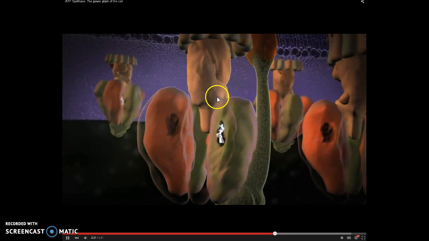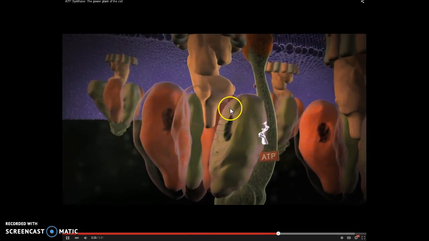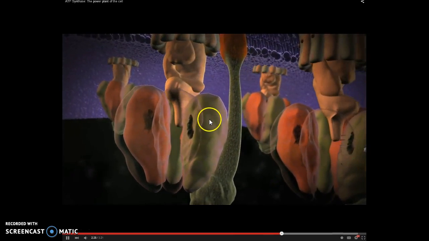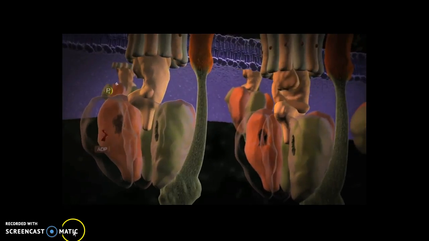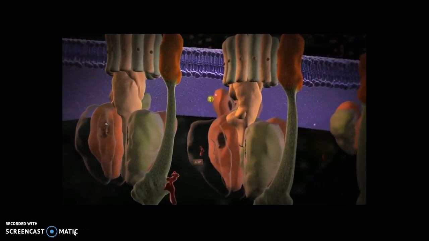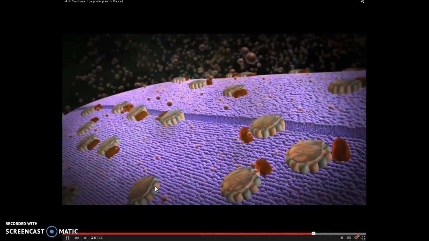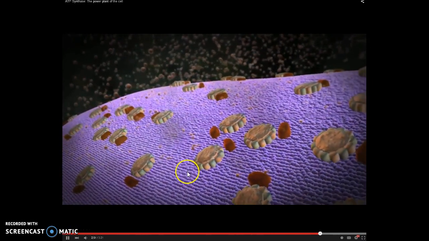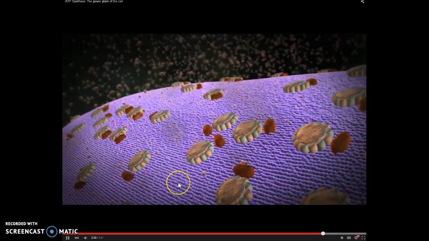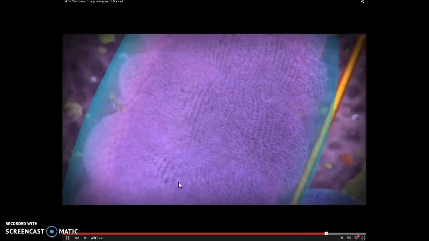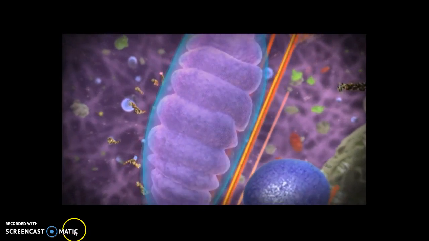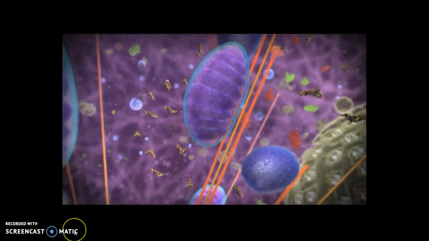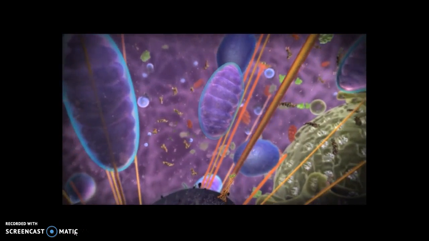This rotor is actually acting kind of like a cam on an engine to make the process go. In your cell, you can see that these rotors, thousands and thousands of them in the mitochondria, are actually driving the overall process and the energy of your cell.